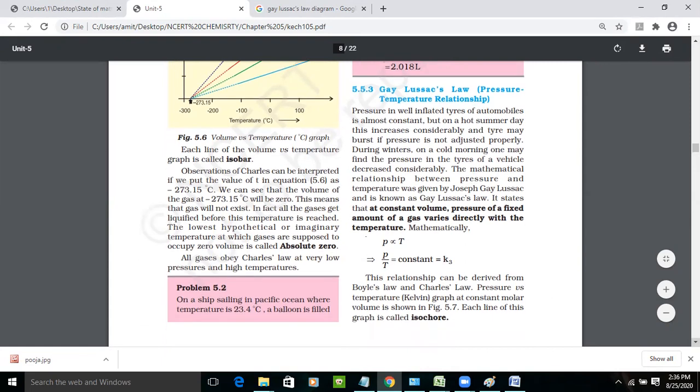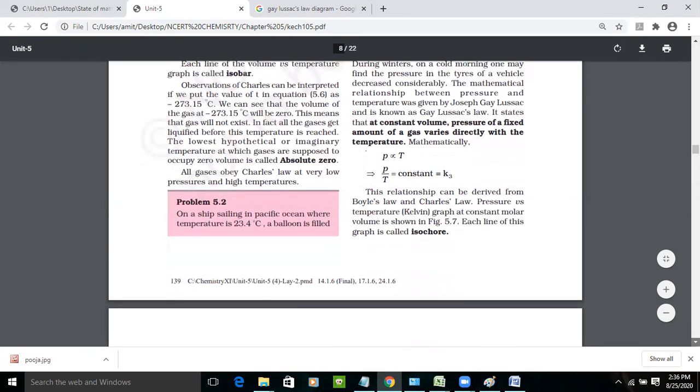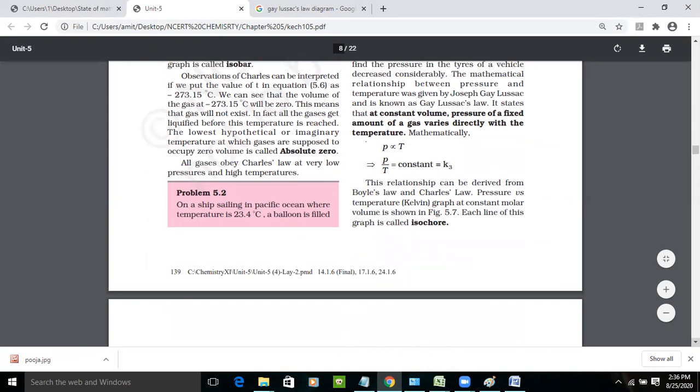Whenever you increase the temperature, it will affect the pressure. When we blow air into a balloon and put it in the exposure of sunlight, it bursts. Because of the sunlight's temperature, the kinetic energy of the molecules inside the balloon increases, and they exert pressure on the walls of the balloon, and it can burst.